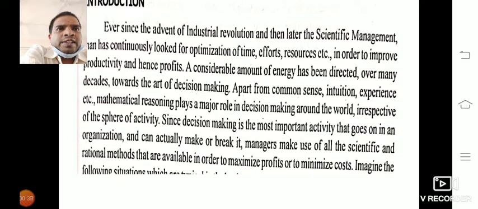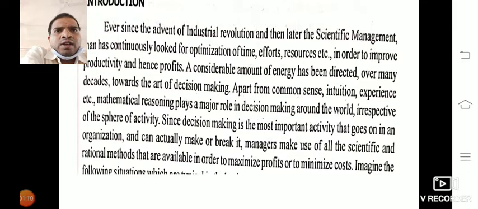Another name we can call it is an optimization technique, which helps to take decisions regarding time, resources, profit and losses.